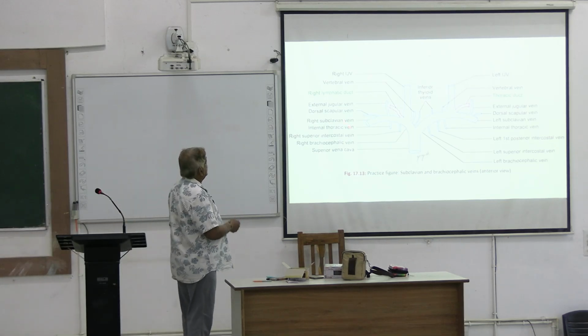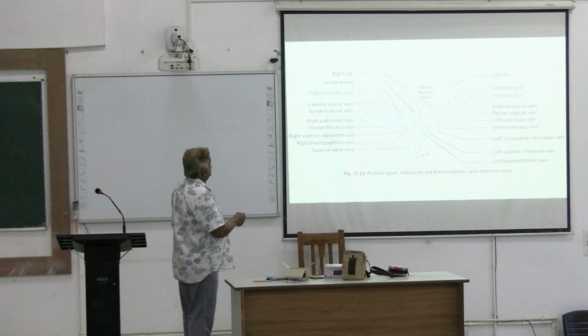This is the type of figure I am trying to explain to you, that you draw like this. Right internal jugular vein, vertebral vein. Now, right lymphatic duct, external jugular vein, dorsal scapular vein, right subclavian vein. Right superior intercostal vein, right brachiocephalic vein, and the superior vena cava.